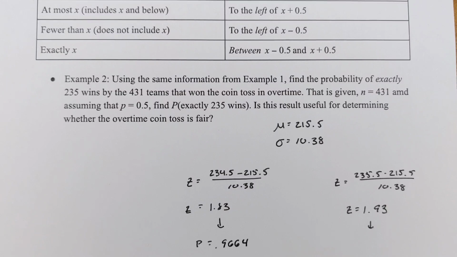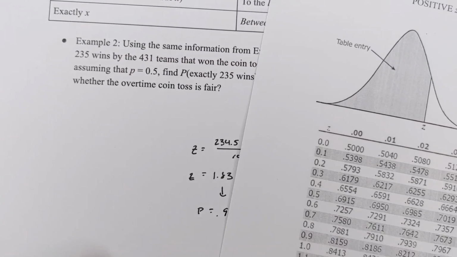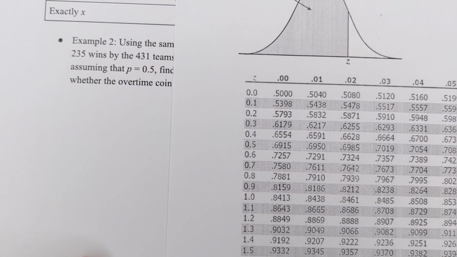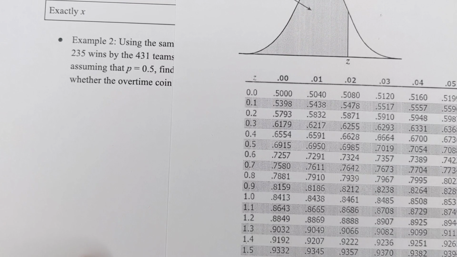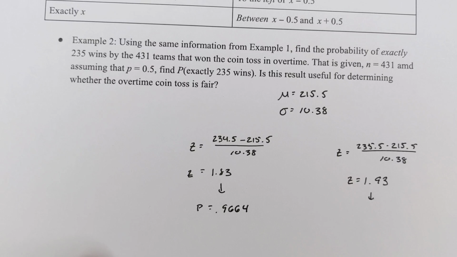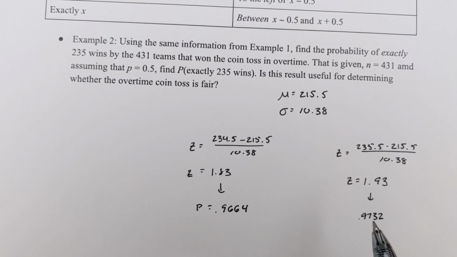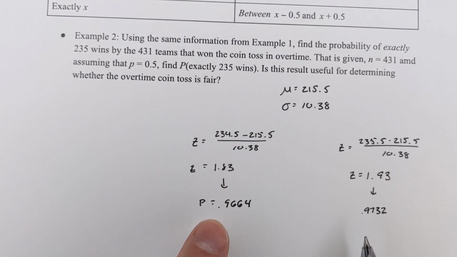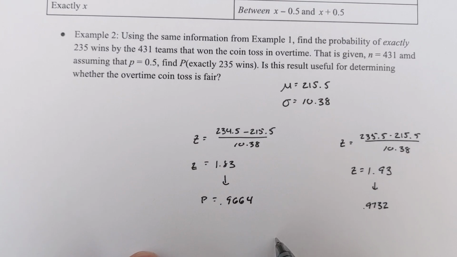And I do need to look up 1.93 though in my table. So positive side of the table again, 1.9, 0, 1, 2, 3, so 9732. So 0.9732. So the likelihood of winning exactly 235 is the difference between these two numbers. So 0.9732 minus 0.9664.